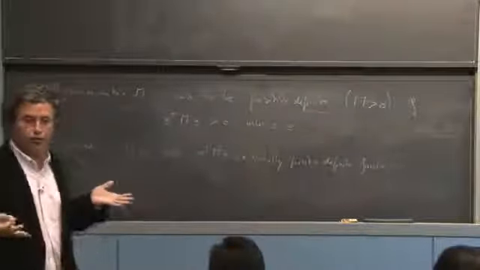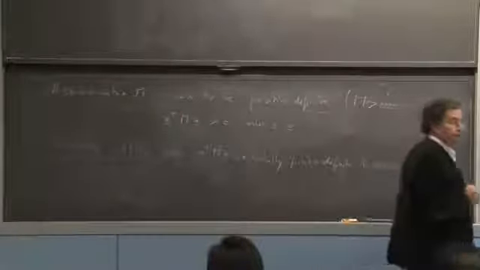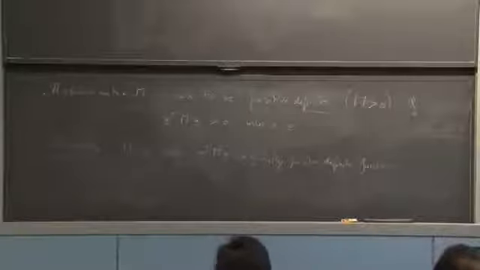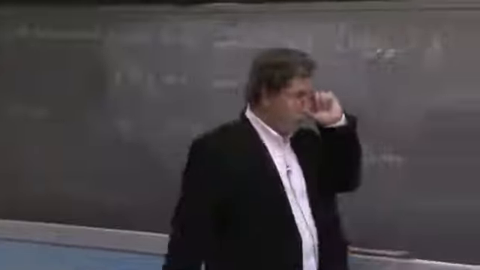So a matrix is positive definite if and only if the corresponding quadratic form is globally positive definite. Okay, this is not much insight, right? It's just playing with definitions.